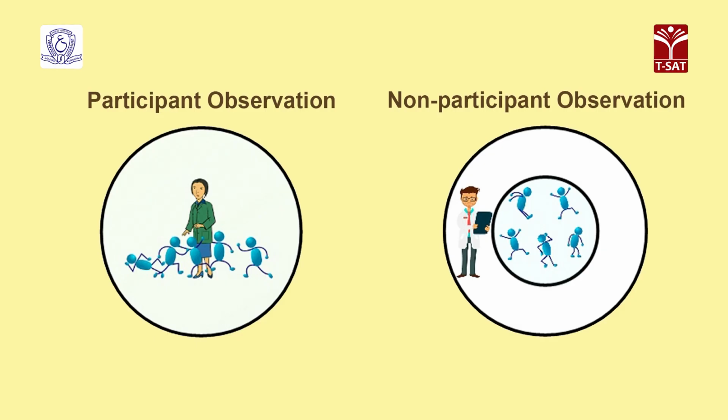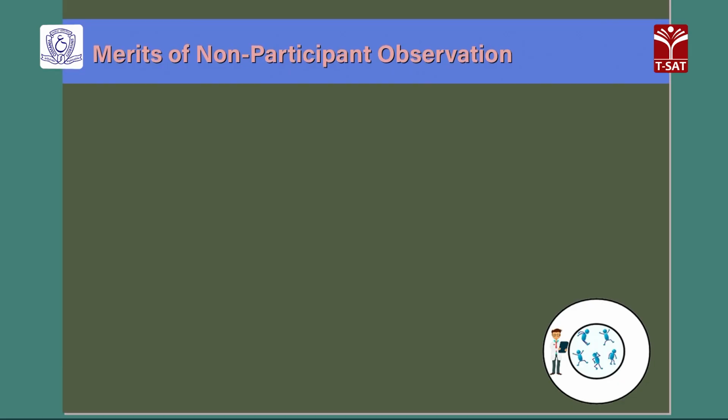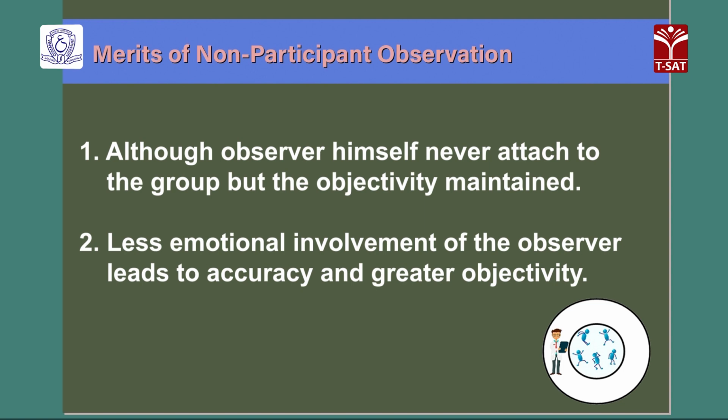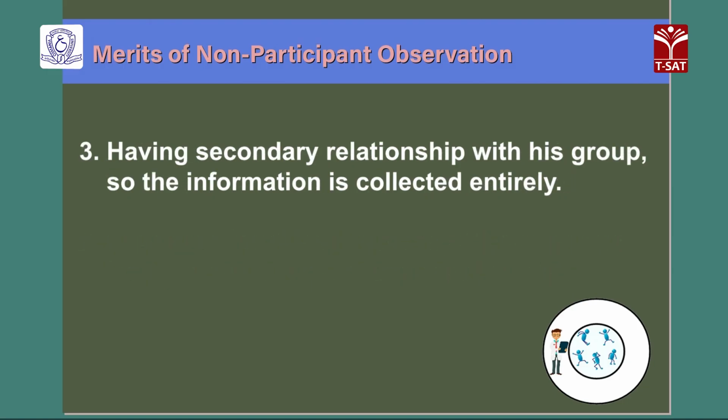He watches from a distance but does not have an active eyesight on what is going on in the field of research. But there are certain merits for this method. The first one is that although the observer never attaches himself to the group, objectivity is maintained. Less emotional involvement of the observer leads to accuracy and greater objectivity, and having a secondary relationship with his group, the information is collected entirely.